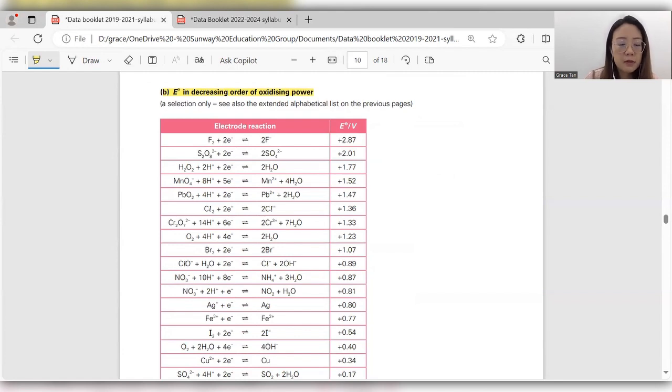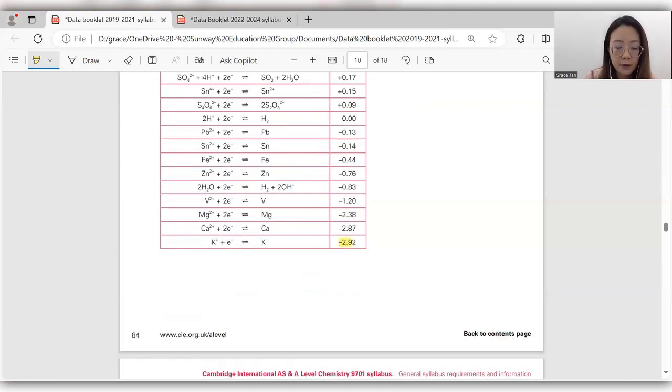Now I personally always use the decreasing oxidizing power table, but unfortunately, in the 2022 to 2024 syllabus, they do not provide you in decreasing oxidizing power. So you do not have the convenience of having the most positive E value all the way arranged to the most negative E value.